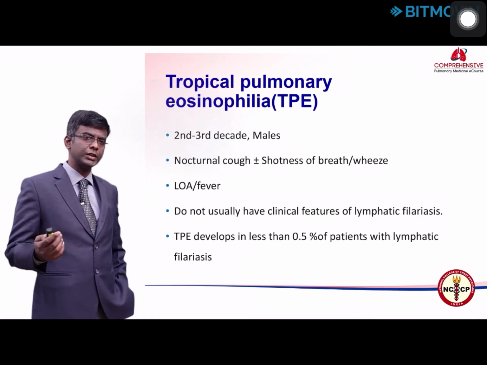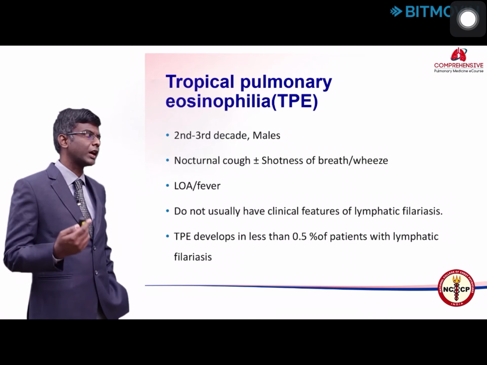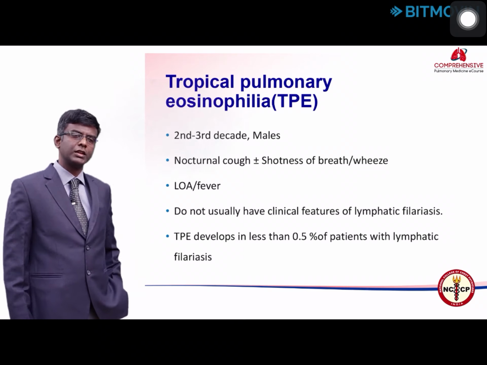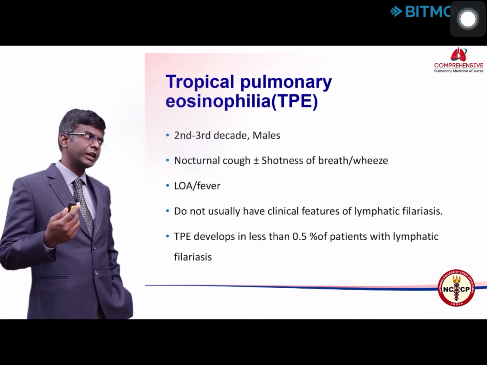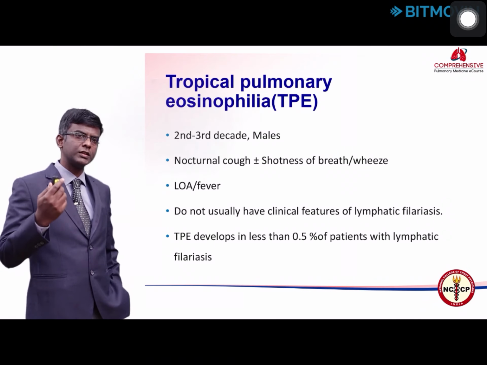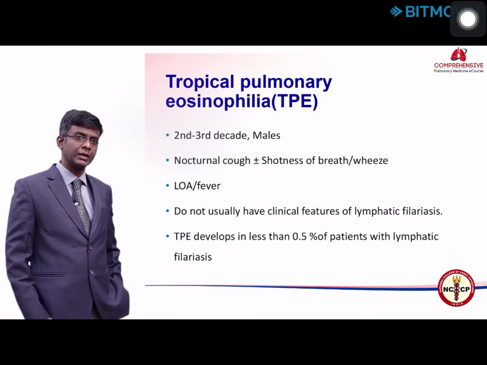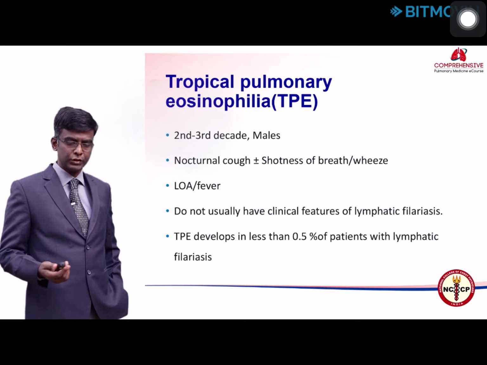Usually, the majority of the cases do not have clinical features of lymphatic filariasis. In fact, tropical pulmonary eosinophilia develops in less than 0.5% of patients with lymphatic filariasis. Why is that so? It's not very clear.